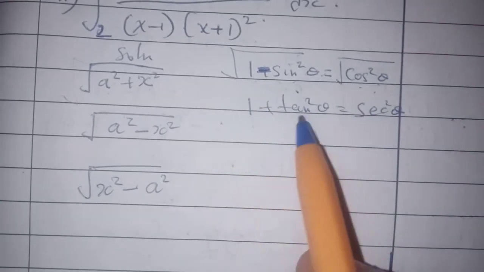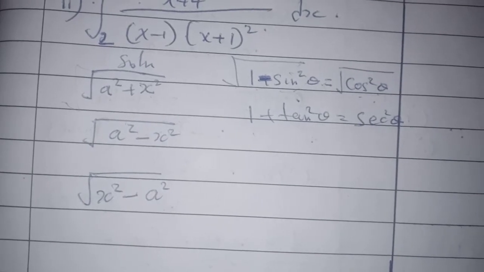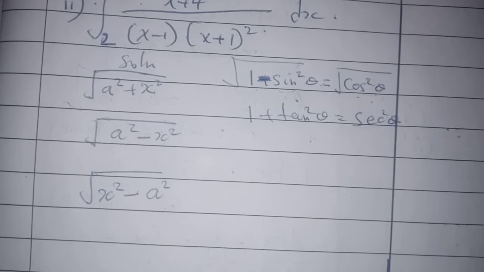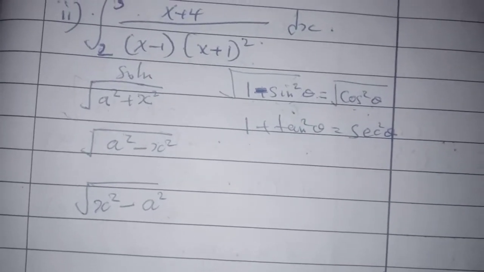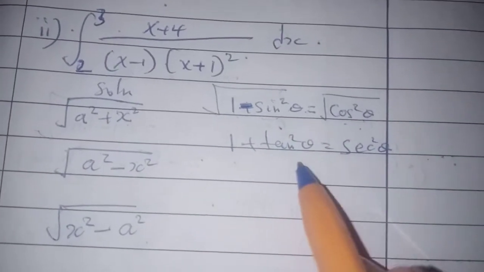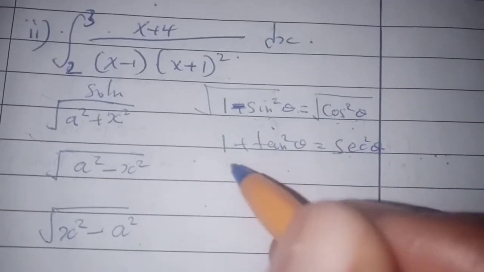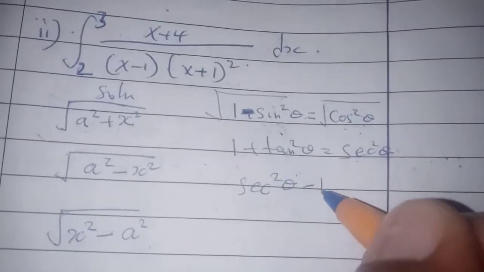What is sec squared theta? If tan squared theta plus 1 equals sec squared theta, let's take 1 to the other side. It will be sec squared theta minus 1 equals tan squared theta.